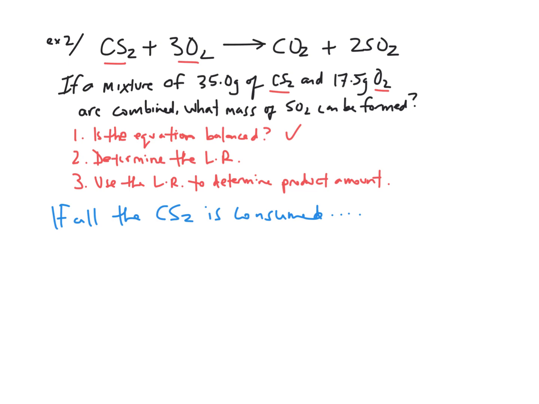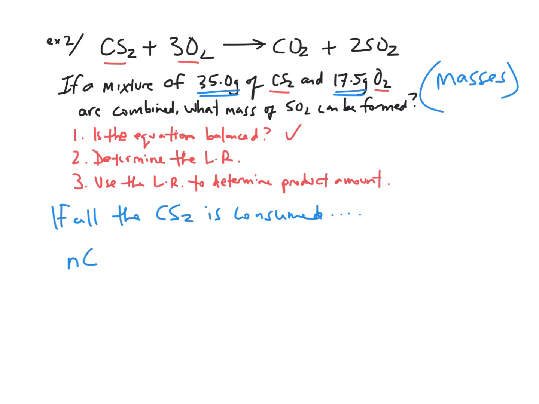Let's figure out how much oxygen we need. First, we are given masses, because they're written in grams. So we can't compare mass to mass. We have to compare moles to moles. So let's first transform that into moles.